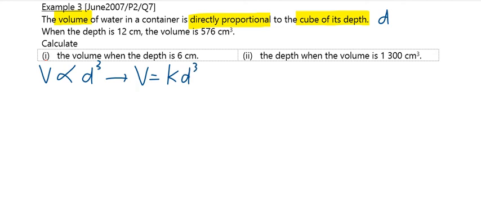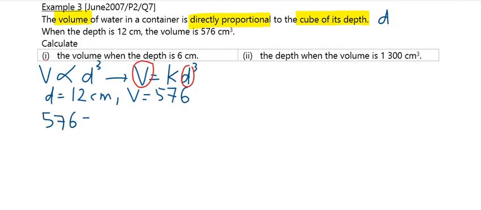Now, when the depth is 12, you are given d equals 12 centimeter, so the volume will be 576. You're going to use that to find k first. So here V equals 576 equals k times d cubed.